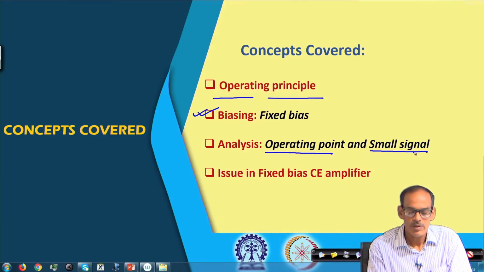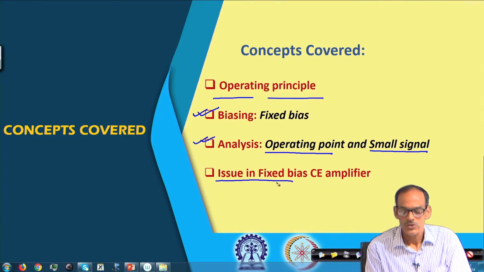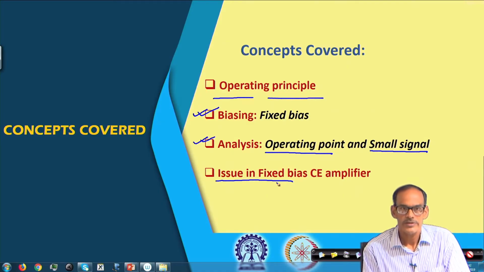And then we will cover the issues, particularly a very common issue: the DC operating point is very sensitive to the beta of the transistor. If you replace a transistor by another one having a different beta, its operating point gets completely shifted elsewhere.